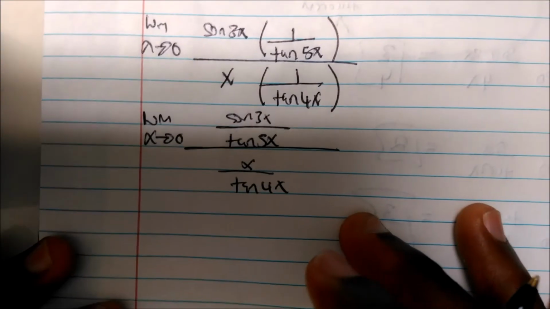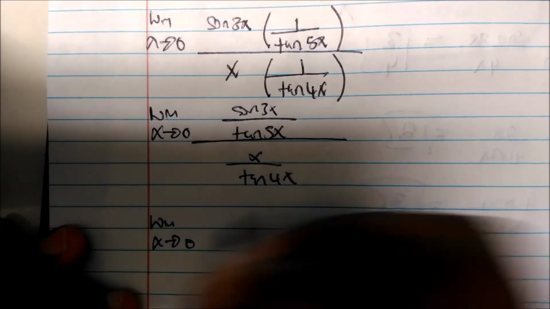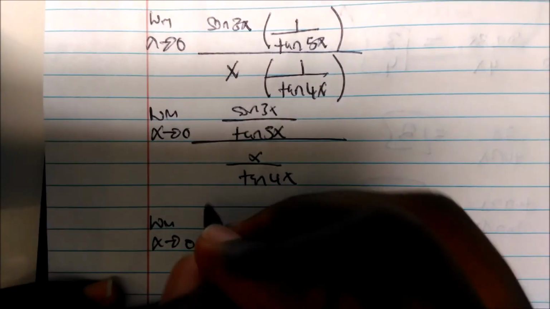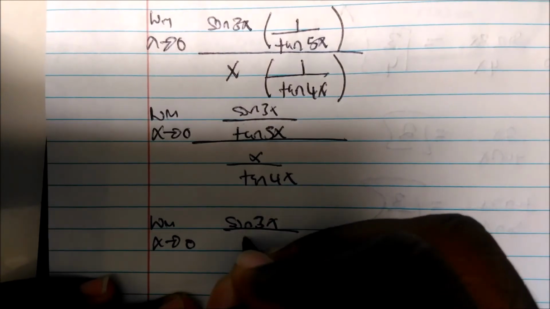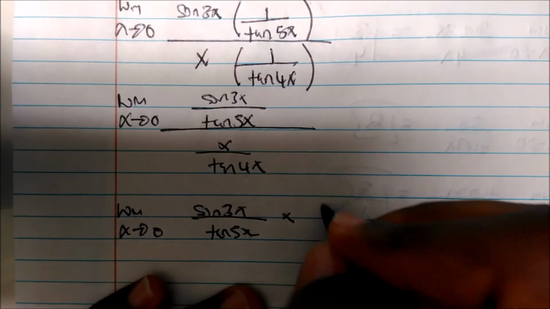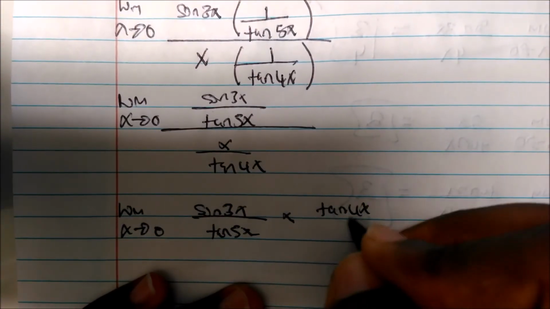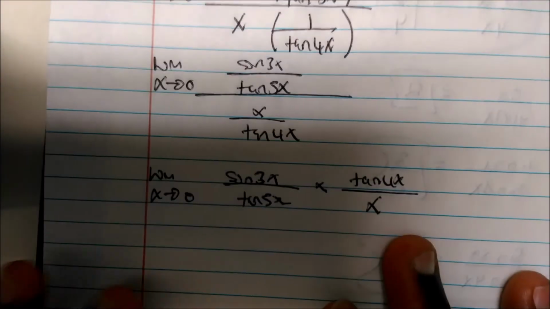And now I see something like this. I'm getting happier. So the limit as x approaches 0, we just flip and multiply. So this now becomes sine 3x divided by tangent of 5x multiplied by flipping, tangent of 4x over x. And look, this now becomes a squeeze problem.